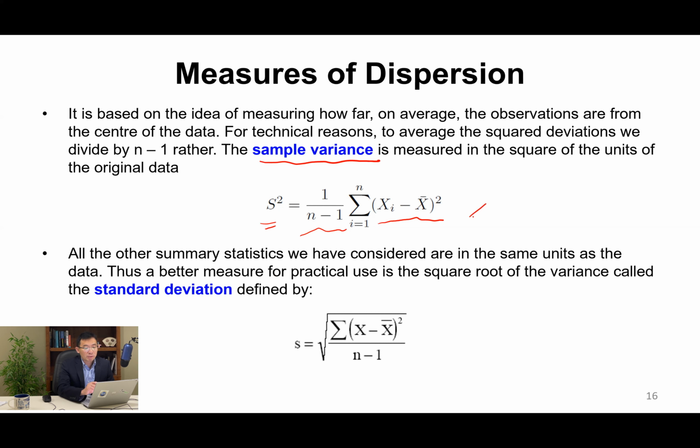All the other summary statistics we have considered are in the same units as the data. Thus, a better measure for practical use is the square root of the variance, called the standard deviation. Why do we take the standard deviation? Because the units are the same as the data since you take the square root. Otherwise, the sample variance is measured in the squares of the units of the original data.